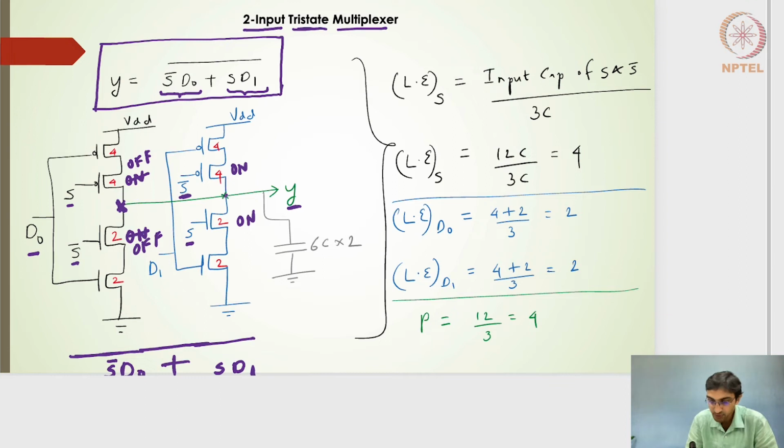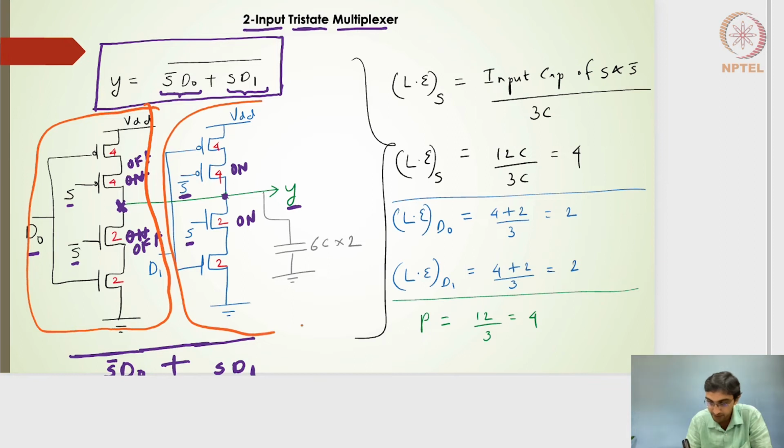So if I connect both the branch outputs, I'll get Y equal to one of the outputs, right? Now coming to the sizes. One of these branches will be operative, connected to the output, so I need to size it such that Y is connected to VDD or Y is connected to the ground.